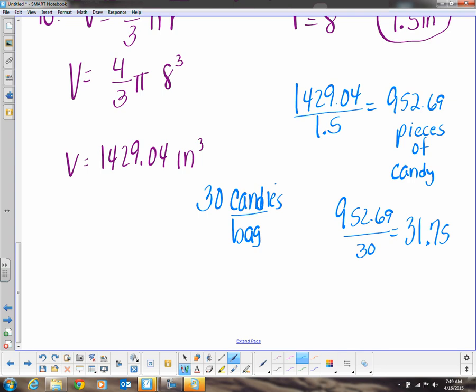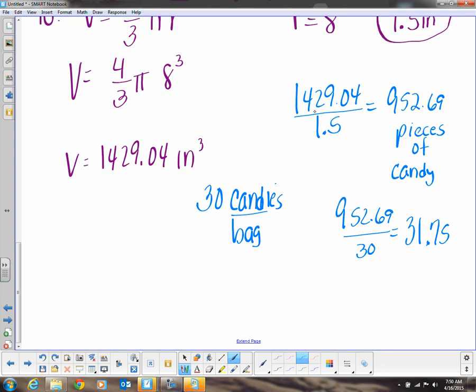4 divided by 3 times pi times 8 cubed. All right. Divided by 1.5, divided by 30. So my 1429.05 was already divided by 1.5. And then when I divided by 30, my answer is correct. It's going to be about 48 bags.